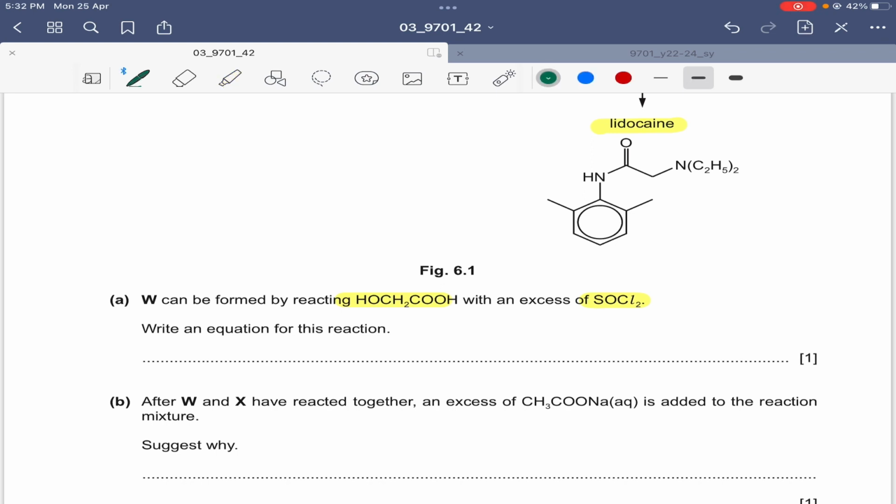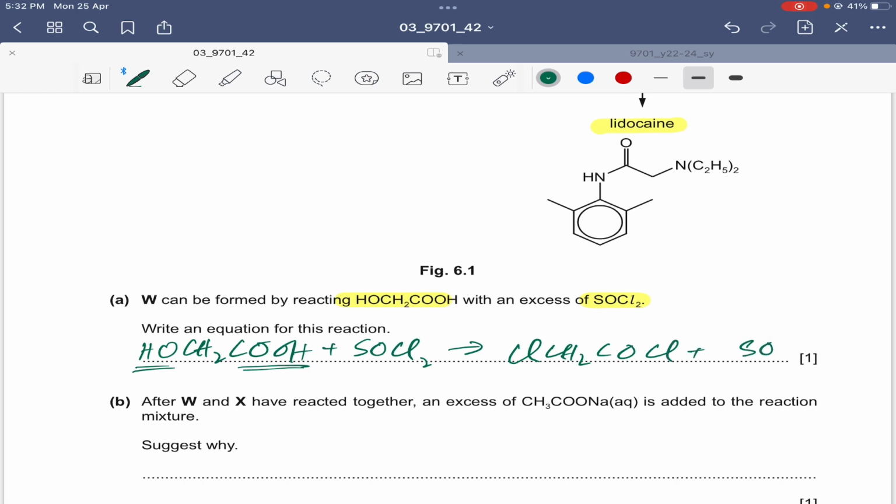So this is a general reaction. We have OH, CH2, COOH reacting with SOCl2. So we know that both alcohol and acid can react with thionyl chloride. So the OH would be replaced by Cl, and we get CH2 and COCl plus sulfur dioxide plus HCl.